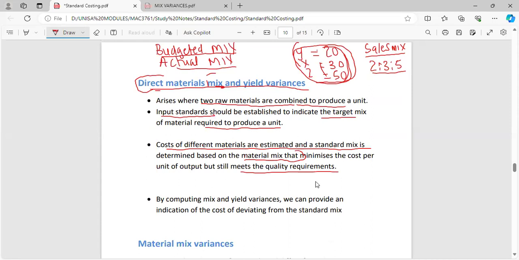So at the end of the day, your standard will not be the same as the actual. So that's where the mix variance is going to come. So which means you are now going to look at your actual units that were used and the standard units that were used, but you are now using mix proportions. So the only difference from what we were doing is now these mix proportions.